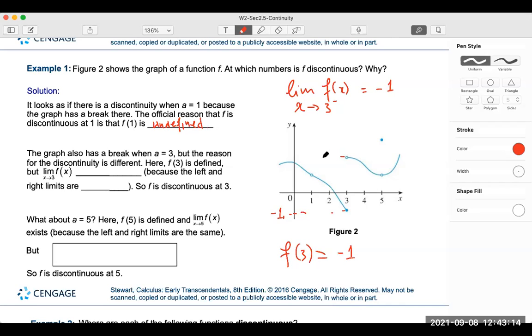And if this point right here is, say, 2, then what is the limit of f(x) when x approaches 3 from the right-hand side? 2. And the right-hand limit and the left-hand limit are different. So the limit does not exist, right? They are different. Good job.